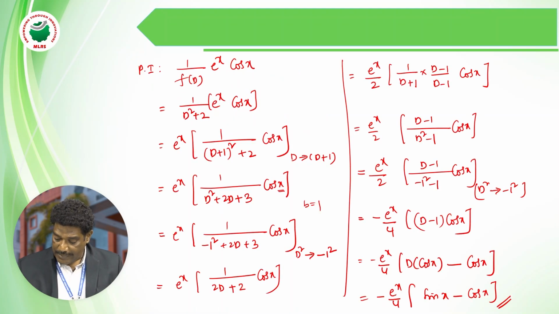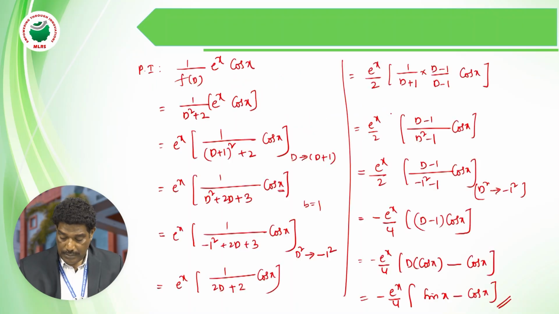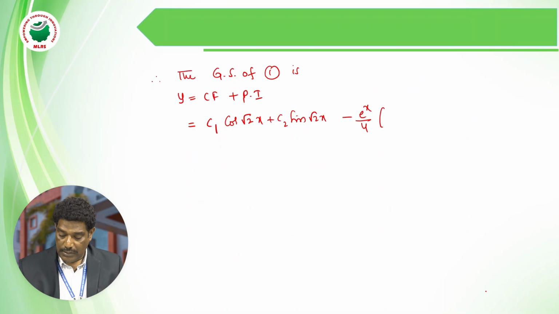It is minus e power of x by 4 into (sin x minus cos x).